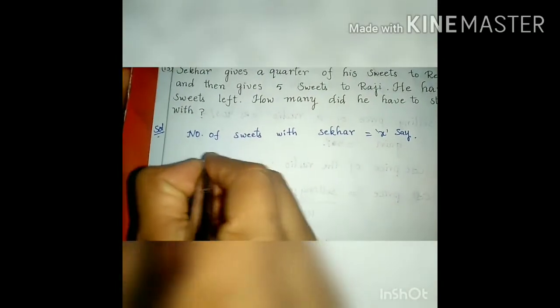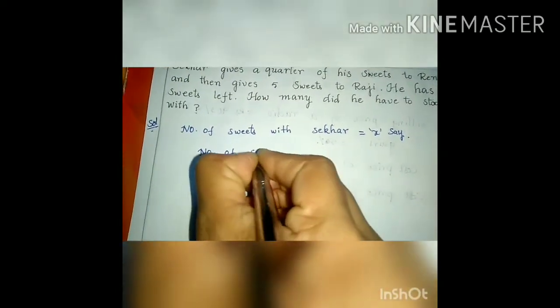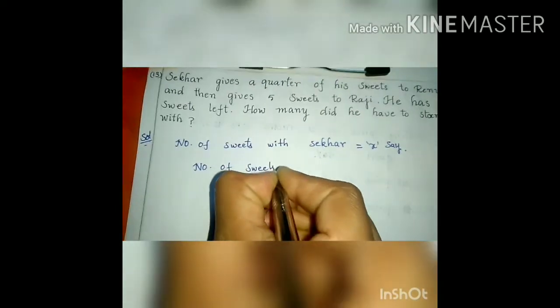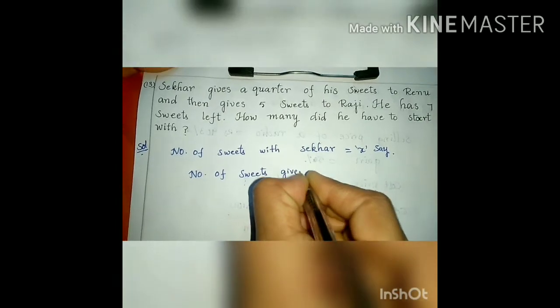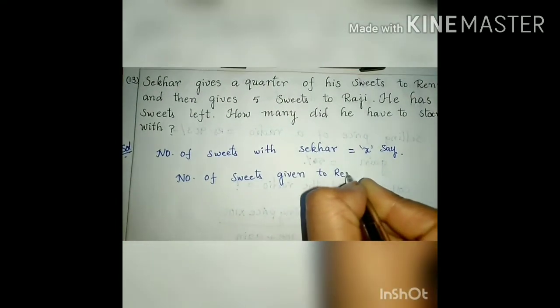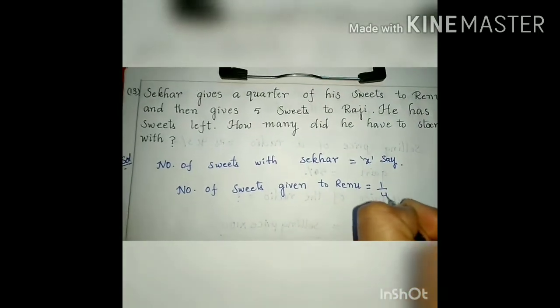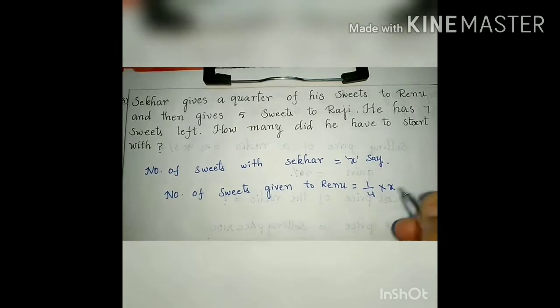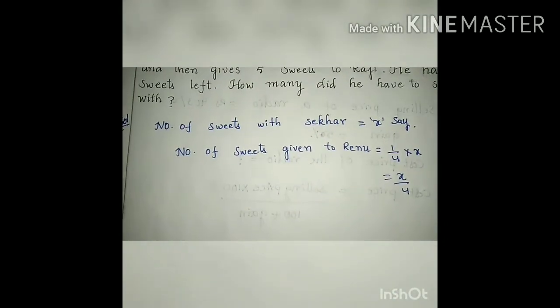Number of sweets given to Renu, 1 by 4 into x, so it is x by 4.